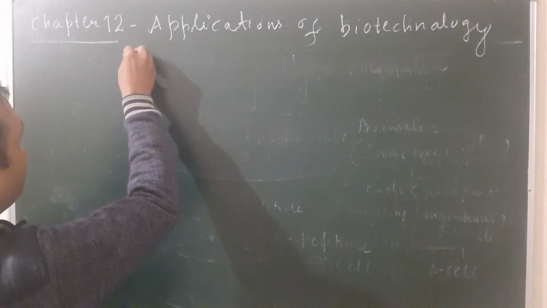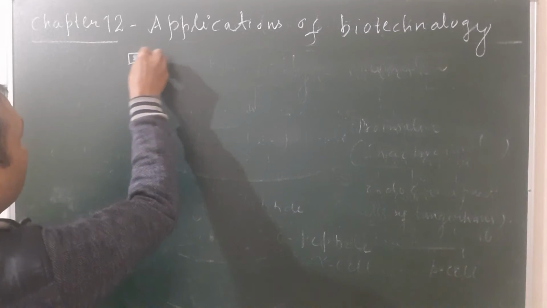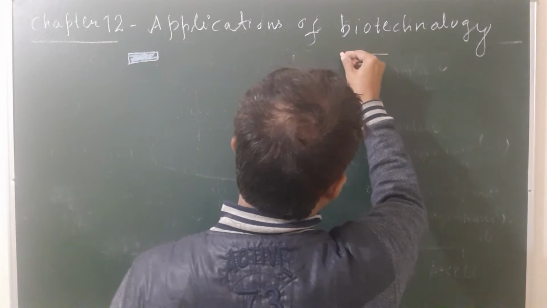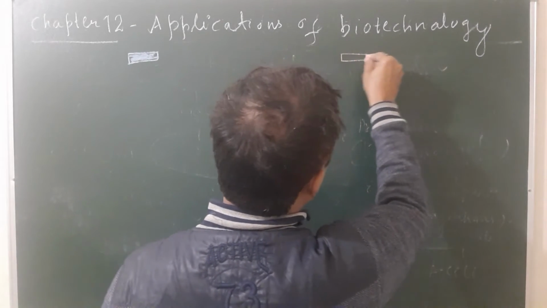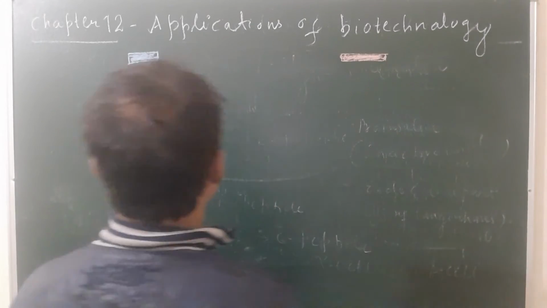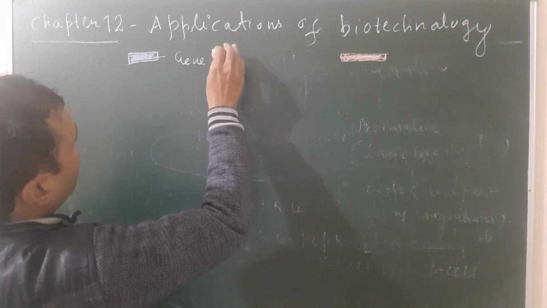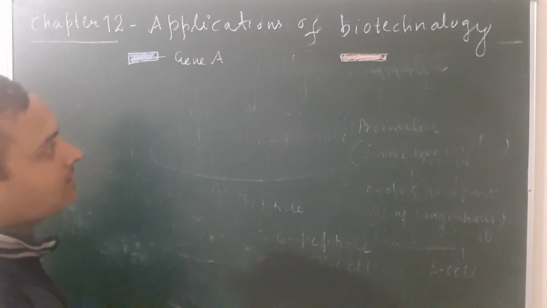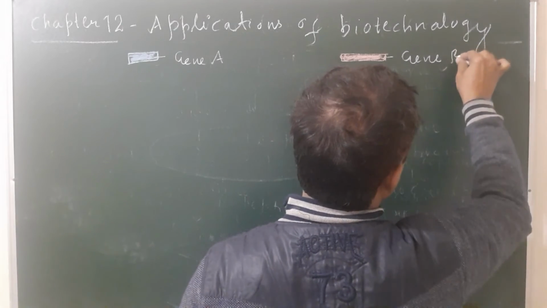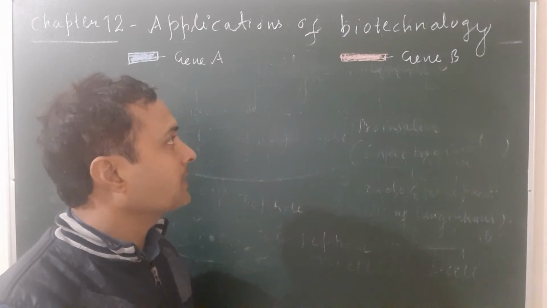Suppose this segment of DNA is responsible for synthesis of the A chain of insulin, and this is gene B. Gene A is specific for synthesis of the A chain of insulin, and gene B is specific for synthesis of the B chain.